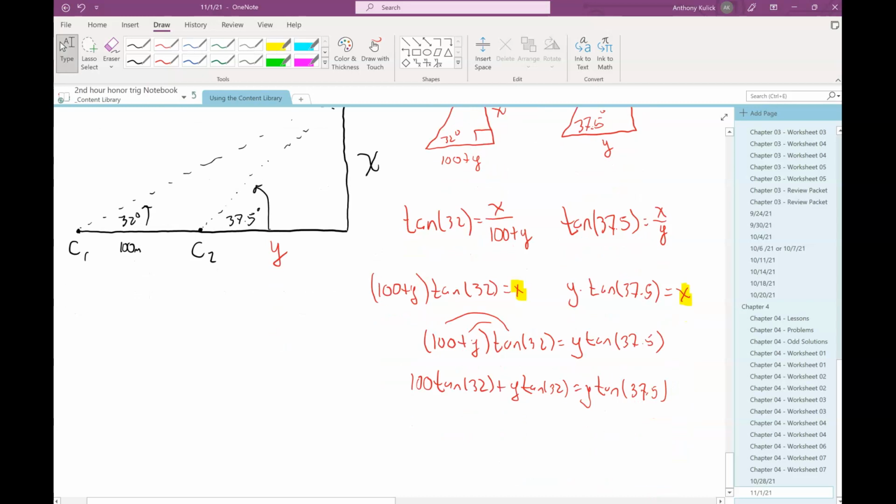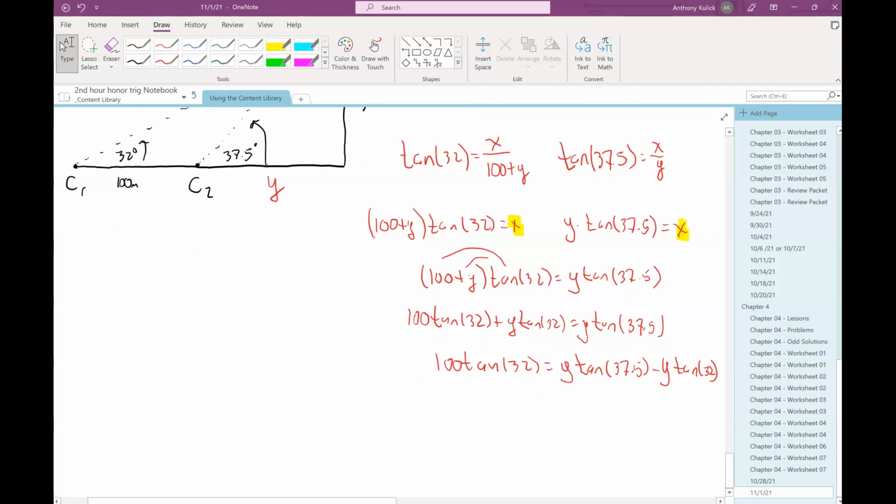And then I'm going to subtract the y times tan 32 to the other side to get all the y's on one side. Everybody good with that?